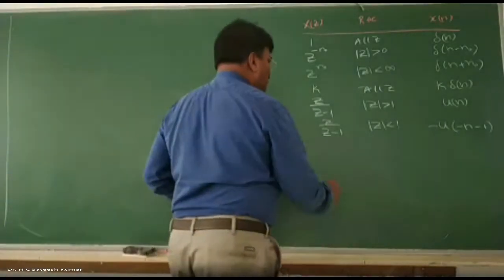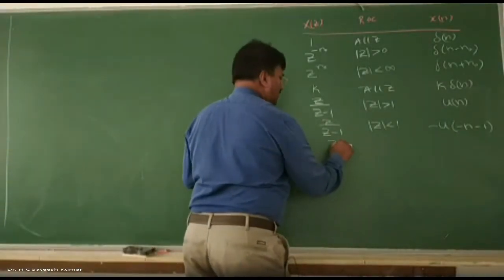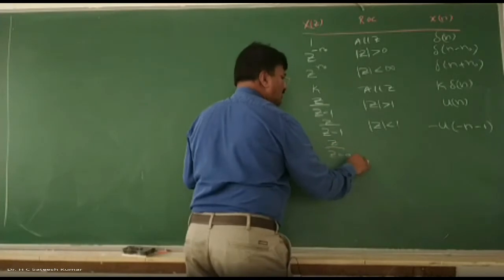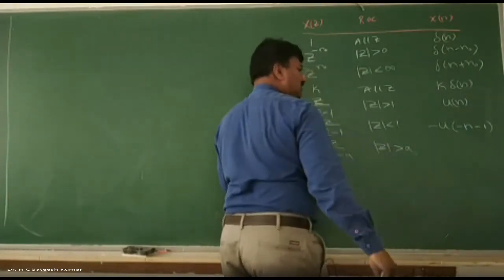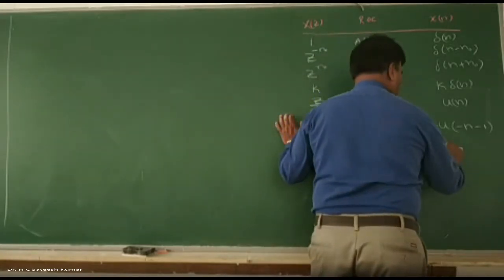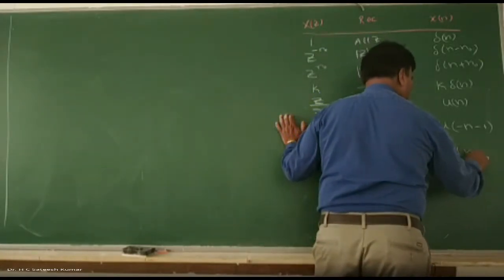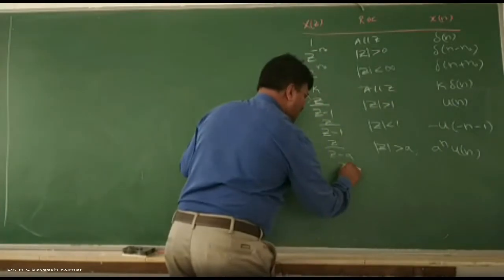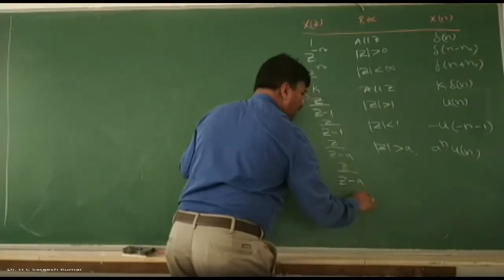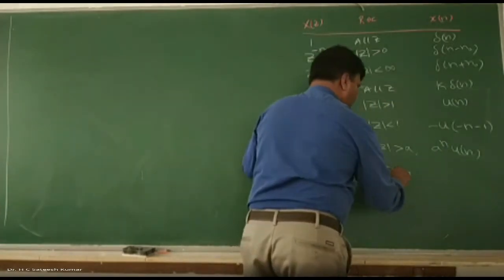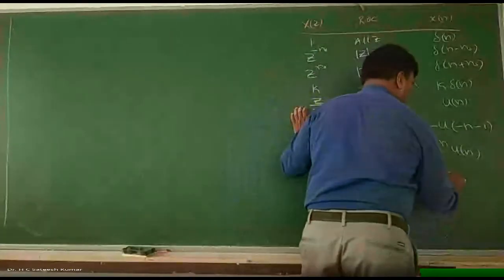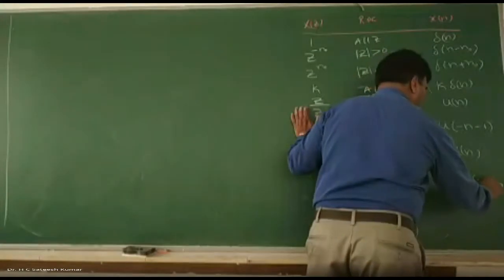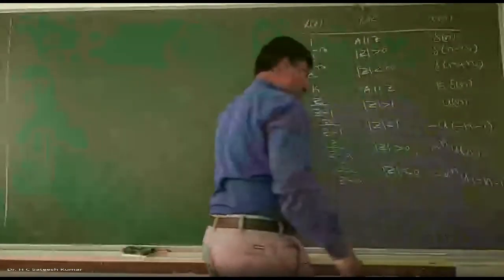Now, what is it that we have? Z divided by z minus a with ROC mod z greater than a is a power n into u of n. Same z divided by z minus a with ROC mod z less than a is what? Minus a power n into u of minus n minus 1.